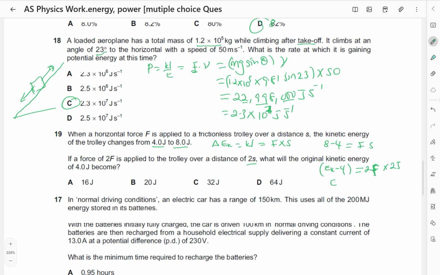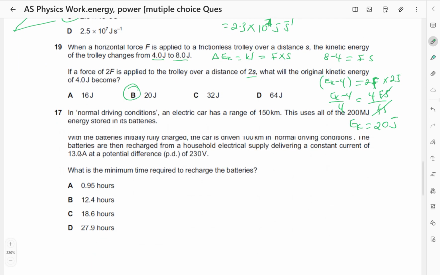So I will say EK minus 4 divided by 8 minus 4, which is 4, is equal to 4Fs divided by Fs. So Fs has cancelled out. So it means EK is going to be 4 times 4, which is 16, plus 4, that is 20 joules. So the answer here is going to be B.